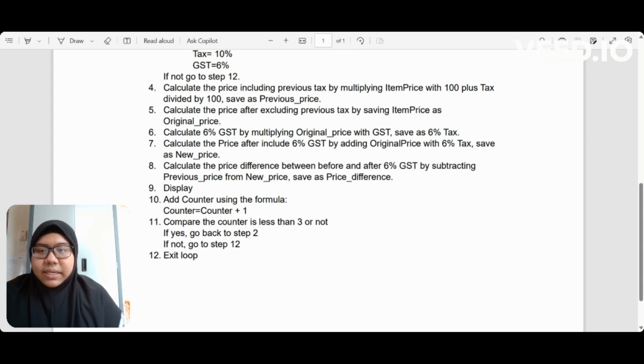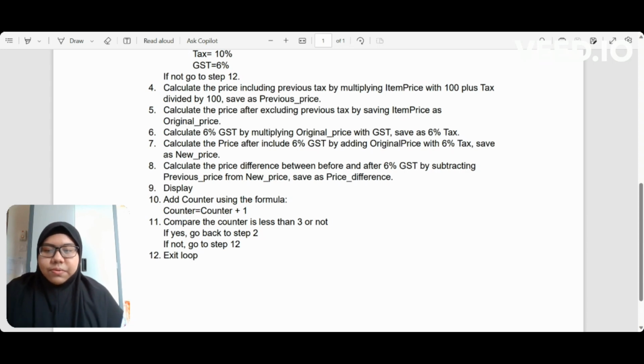Next, calculate 6% GST by multiplying original price with GST, save as 6% tax. Next, calculate the price after including 6% GST by adding original price with 6% tax, save as new price. Next, calculate the price difference between before and after 6% GST by subtracting previous price from new price, save as price difference.